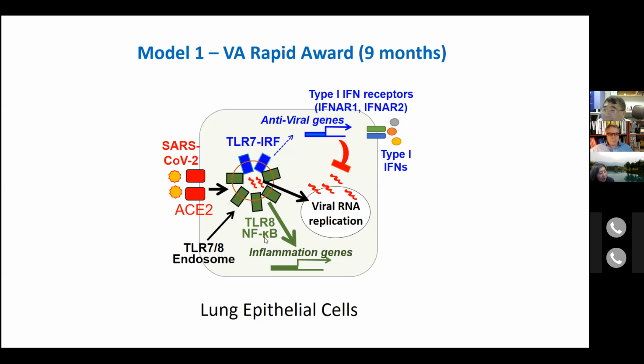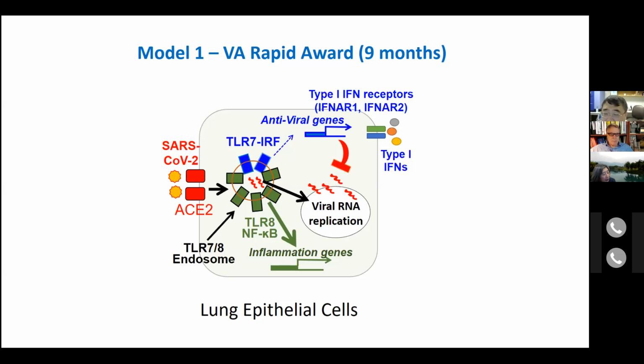That's NF-kappa B mediated, and that's inflammation, so it's not an antiviral response. If we can successfully steer that viral response into the TLR7, that would be beneficial. So it's a very simple model we're testing.